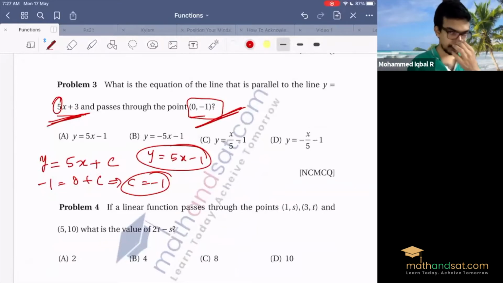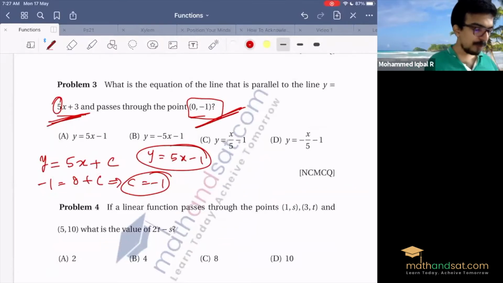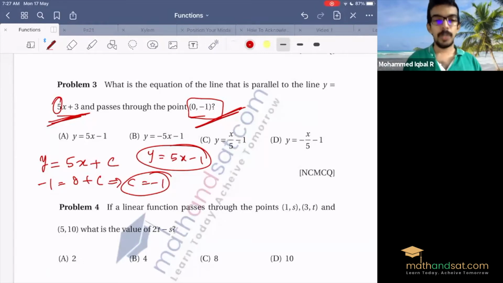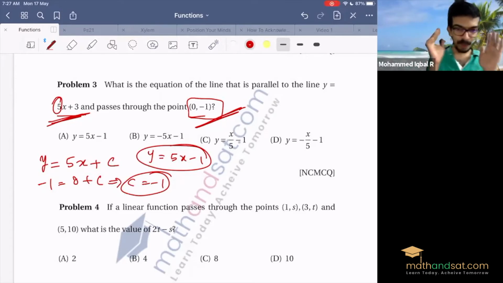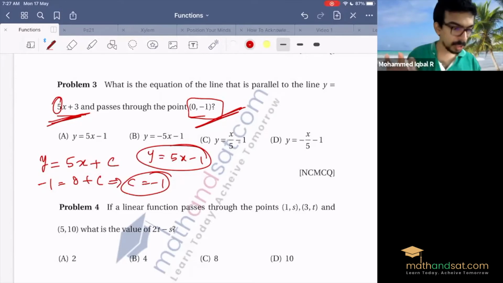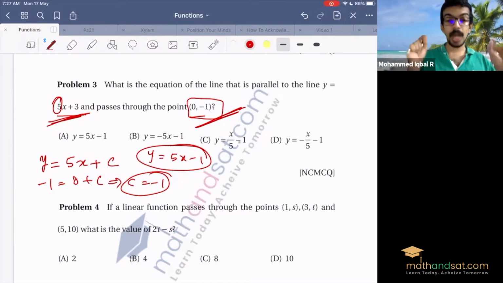Yeah, next question. If a linear function passes through the points 1, s, 3, t, and 5, 10, what is the value of 2t minus s? Okay, so the idea is you have 3 points. All the 3 points pass through the same linear function, which means these 3 points are collinear. Another type of question we'll talk about.